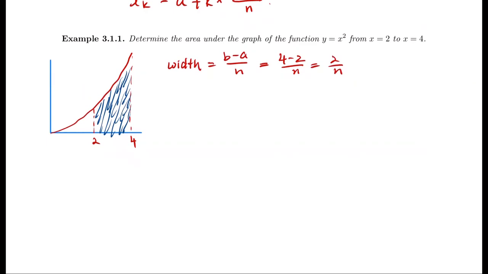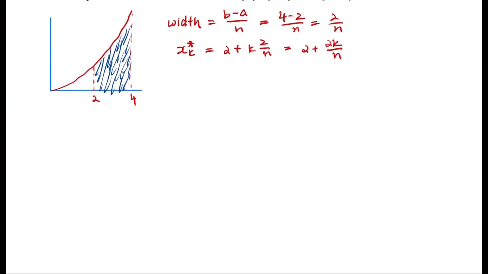And that means each xk star is going to be given by 2 plus k times 2 over n, which is also 2 plus 2k divided by n. So that's each of the x coordinates position.